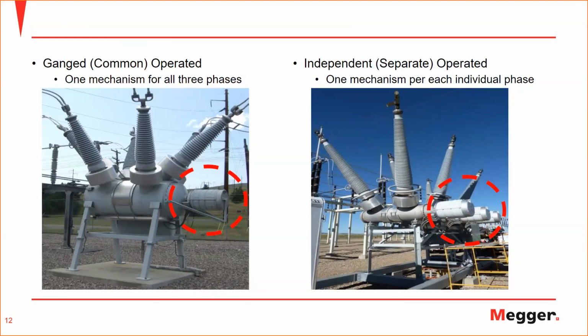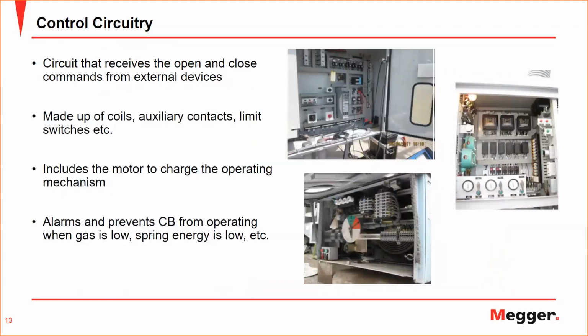Now, this mechanism is usually controlled by a control circuitry. This control circuitry accepts or receives the open and close commands from external devices like protection relays, control systems, and RTUs, remote terminal units.